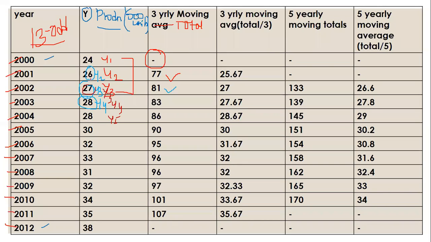If you add 27, 28 and 28, you will get 83. Now, where are you placing this 83? See, 27, 28, 28 and 83 is in the middle, the center row. So this is what they were trying to say: you have to place the total in the center of the data that has been taken.